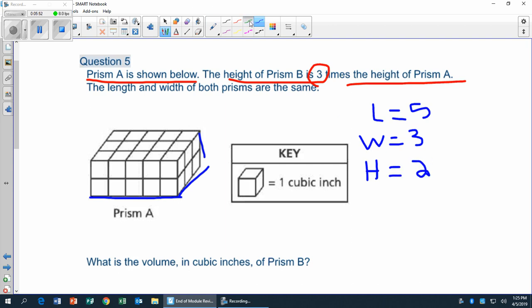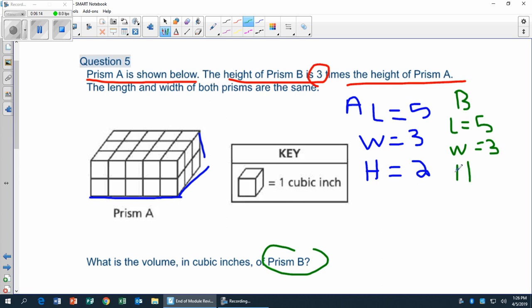And now it's asking for the volume of prism B. But over here, this was A. So now we're going to check for B, and we have B right here. So the length's not any different. They didn't tell us. The width right here, they didn't tell us anything was different either. But the height is 3 times that. So I have to say that I'm doing 2 times 3. And 3 times that, 2 times 3 would be 6.